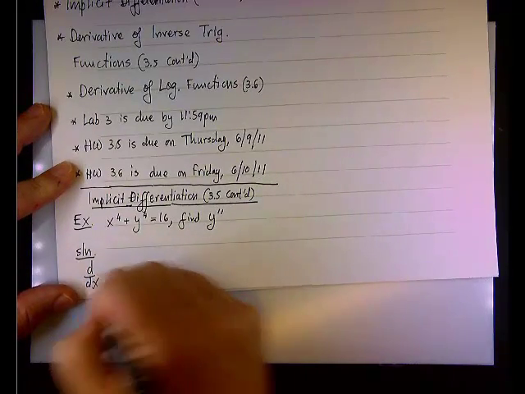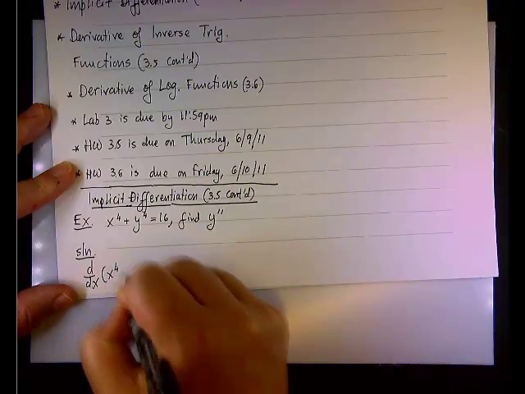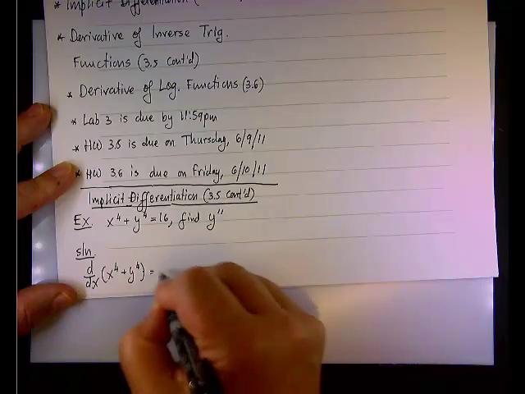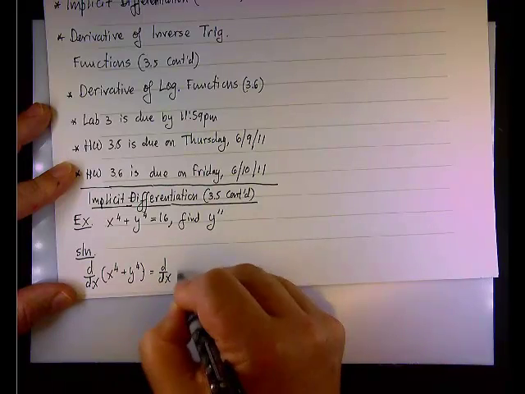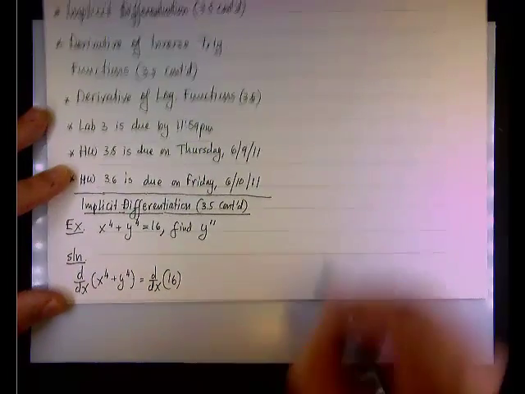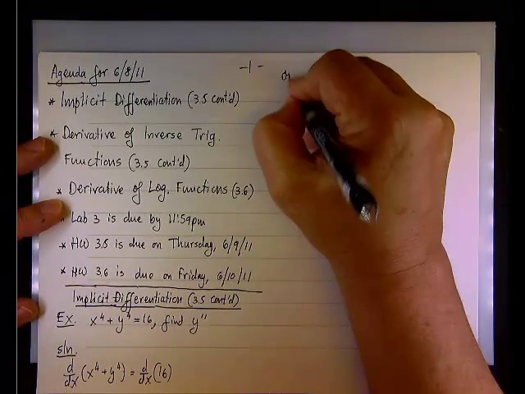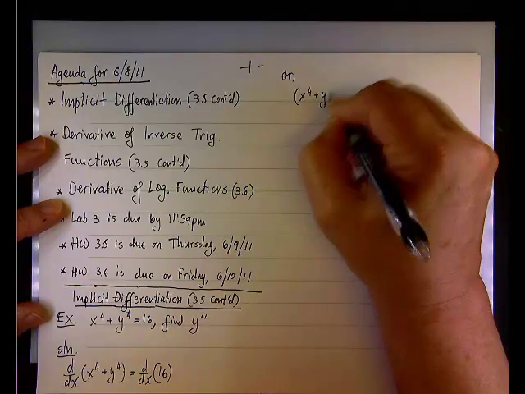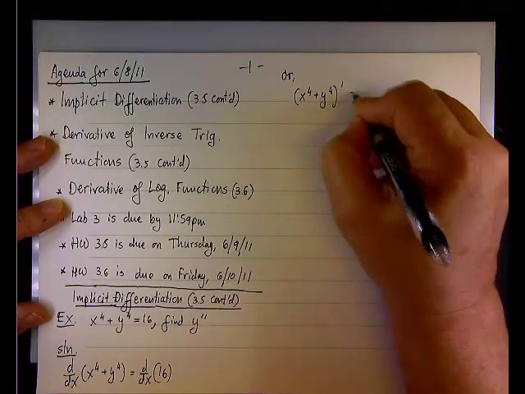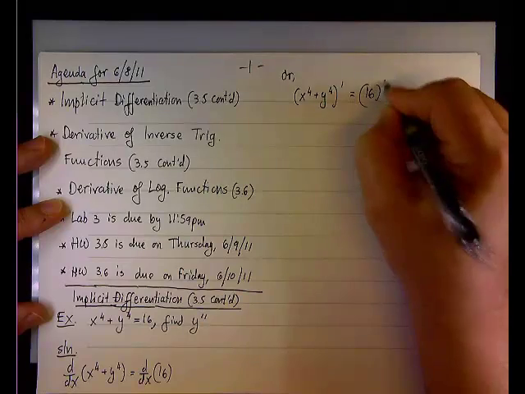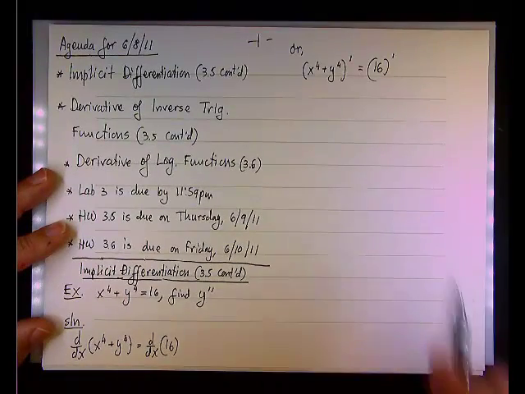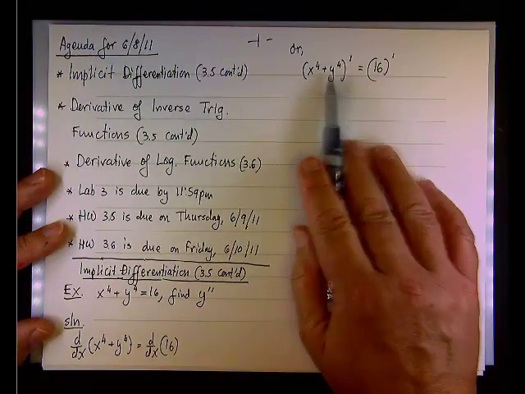So, Leibniz notation will be d/dx of x to the fourth plus y to the fourth equals d/dx of 16, or using prime notation we can say that (x to the fourth plus y to the fourth) prime equals 16 prime. Of course, the right side is equal to 0, the derivative of 16 is 0.